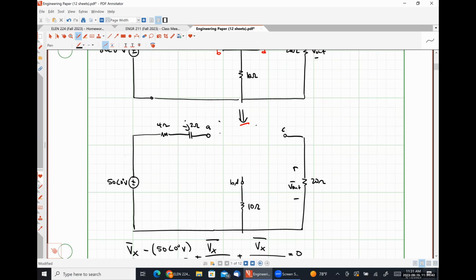In fact, if I saw this, what I would wind up doing is a delta-Y transformation on this thing, which would actually give me the T equivalent circuit, right?